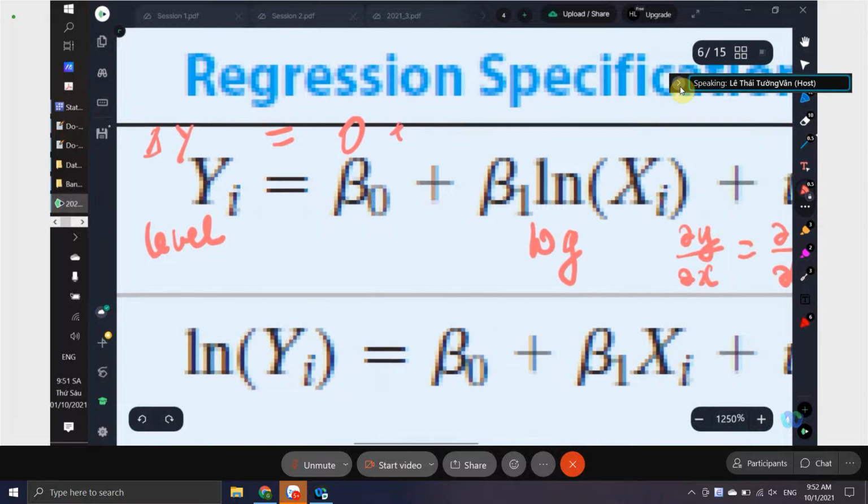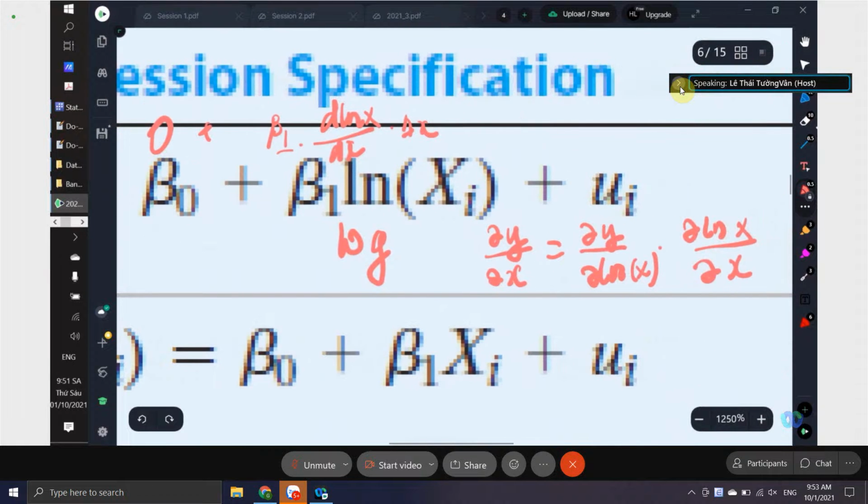Plus beta 1 times d log X over dX times delta X, and so on.